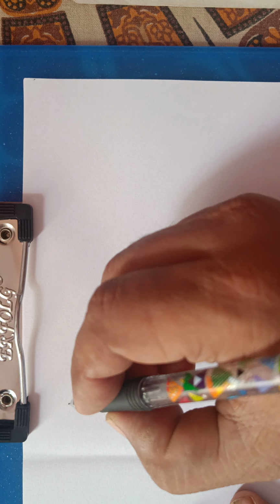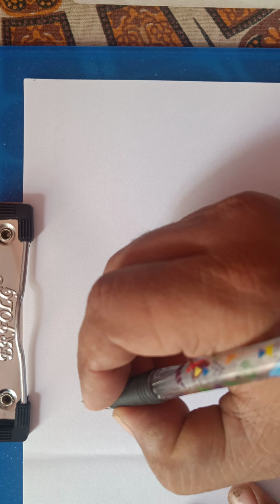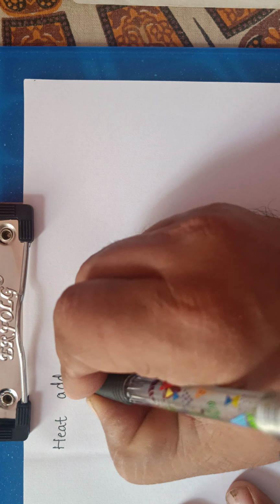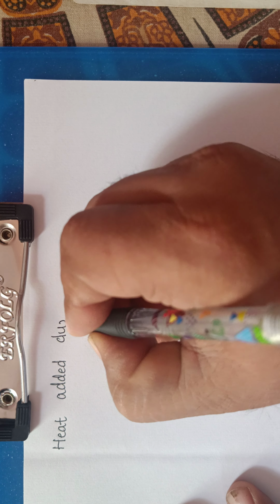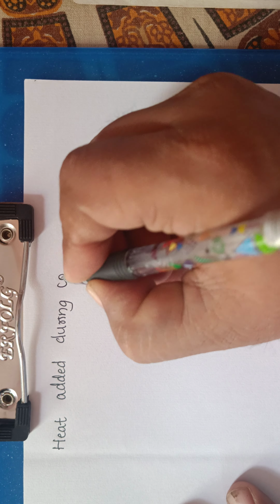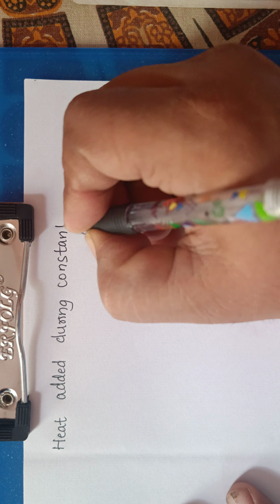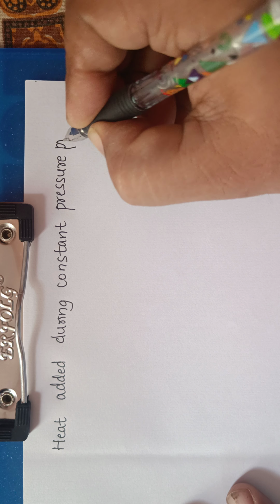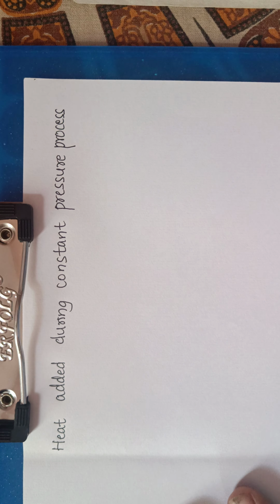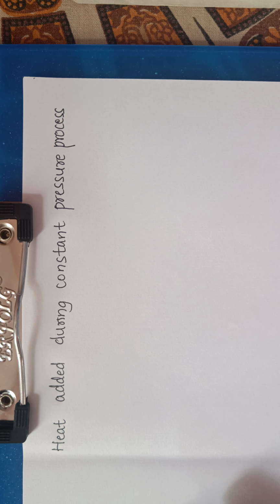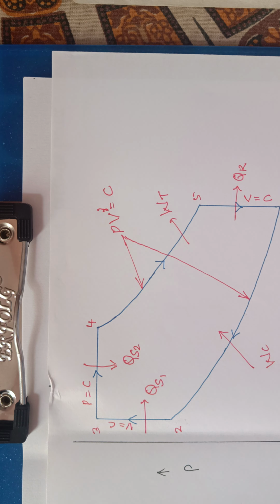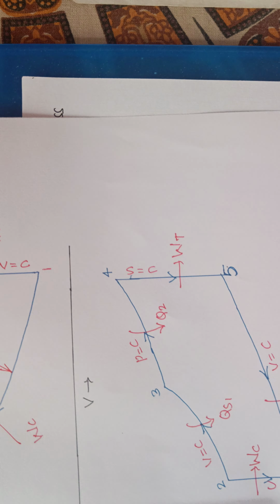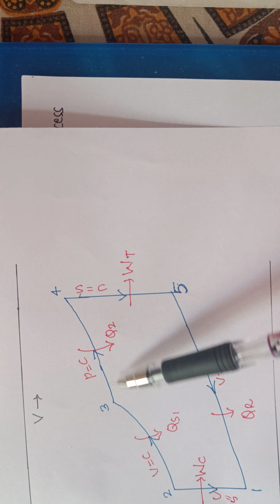So QS2 will be equal to the heat added during the constant pressure process. The constant pressure process in the PV diagram and TS diagram is 3 to 4. I repeat, it is 3 to 4. You can see even on the TS diagram it is 3 to 4.